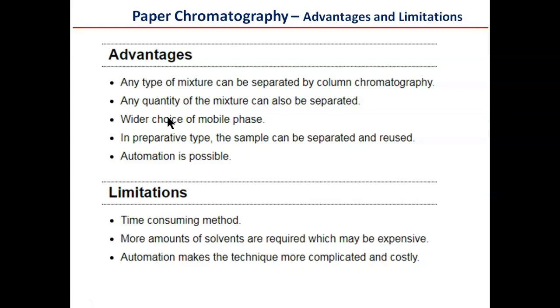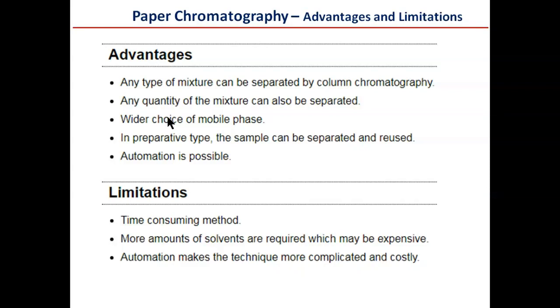As in the case of paper chromatography, it requires very less amount of sample, but we cannot say how much quantity of the constituent is present in the mixture. But in this case any quantity of the mixture can be separated using column chromatography.